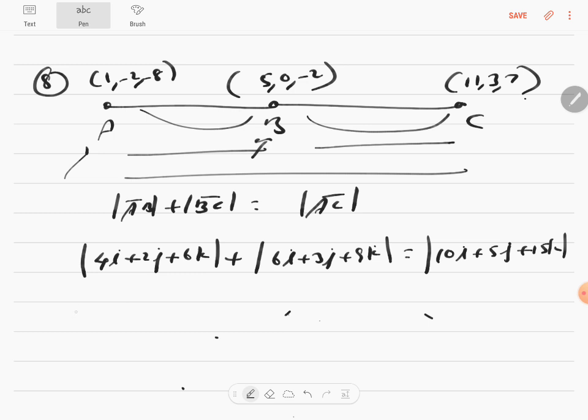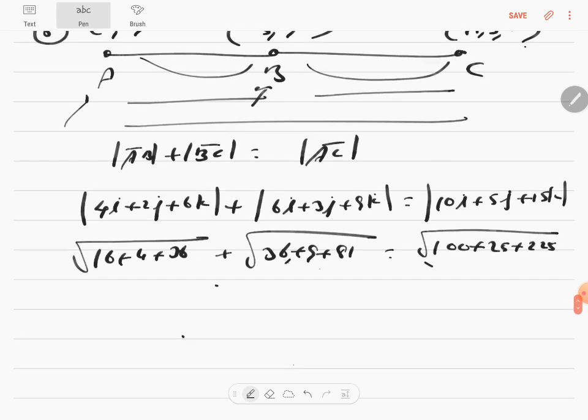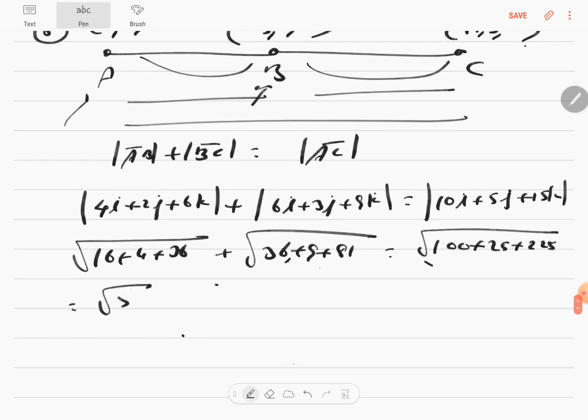The magnitudes should satisfy: root of 16 plus 4 plus 36 plus root of 36 plus 9 plus 81 is equal to root of 100 plus 25 plus 225. Let's check that. It's root of 56 plus root of 126 is equal to root of 350.